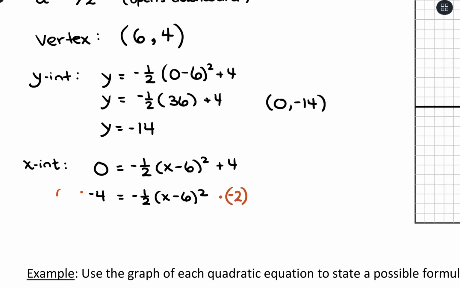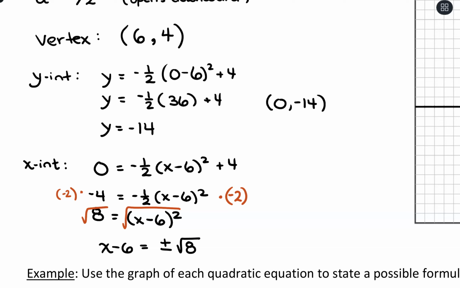So I'm multiplying by the reciprocal, so that we have +8 equals (x minus 6) squared, because -2 times -1/2 is just +1. Then I can take the square root of both sides. So x minus 6 is equal to plus or minus √8. Adding 6 to both sides, I'm going to have x equals 6 plus or minus √8.